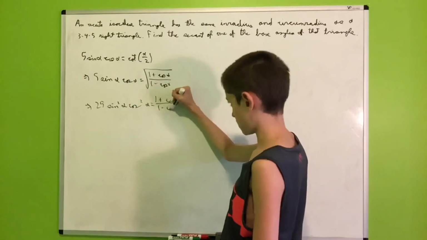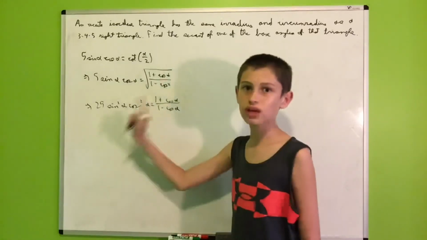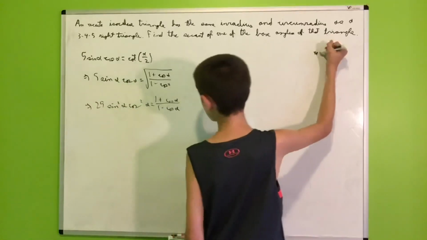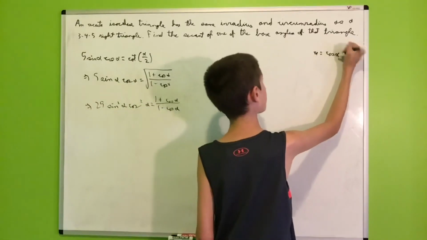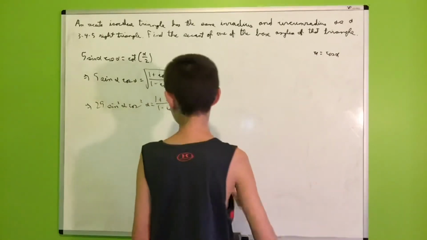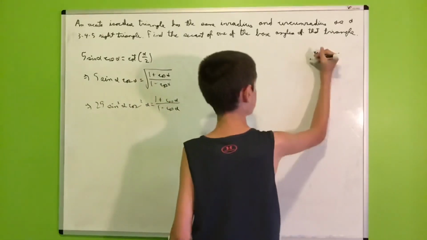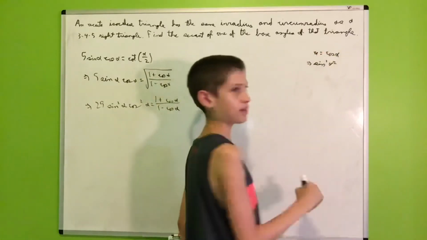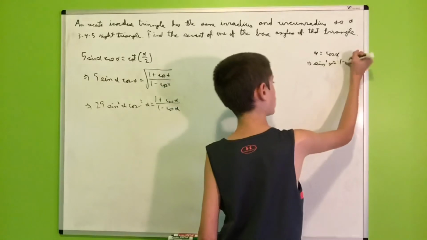And now I would like to introduce a substitution, namely, let u be equal to cosine alpha, which means du will be, no, just kidding, we are not doing integration, which means that our sine squared alpha will be, by the fundamental theorem of trigonometry, 1 minus u squared.